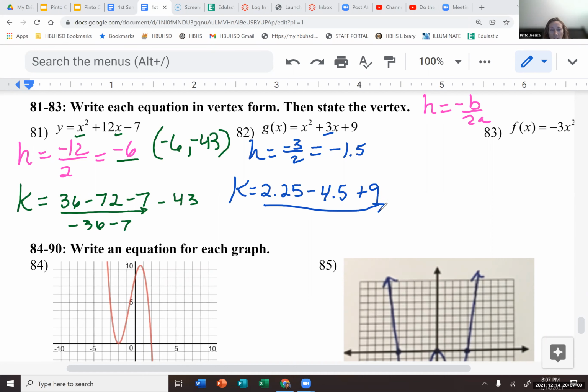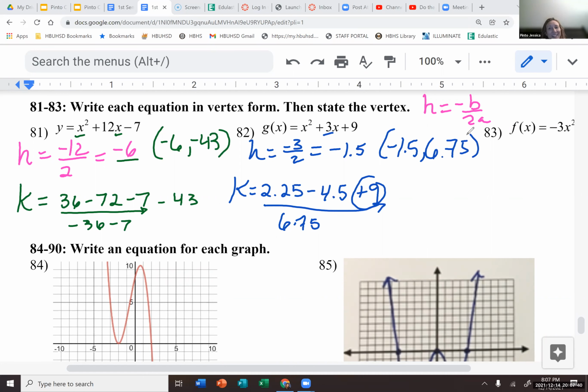And 2.25 minus 4.5 plus 9, I get 6.75. So the vertex here, negative 1.5, comma, checking it again. Does it make sure that it's a positive? Yeah, 9 is pretty big. So 6.75.